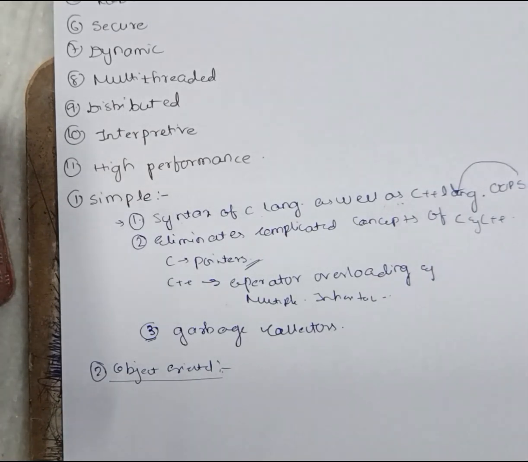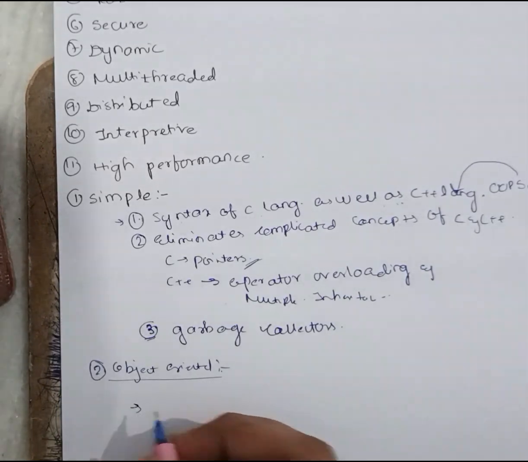In this, Java is a partial object oriented language. Java is not a 100% object oriented language because of three reasons.